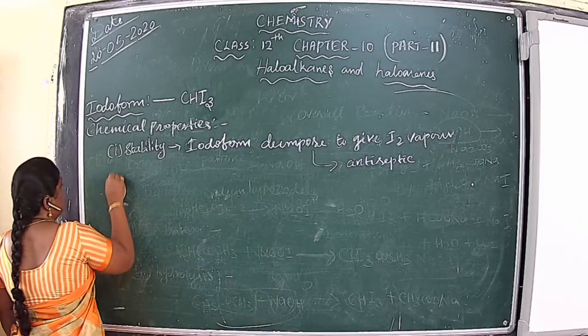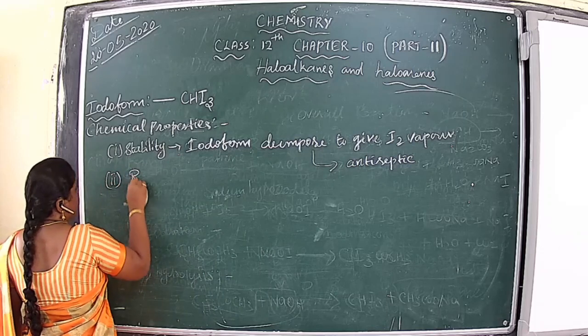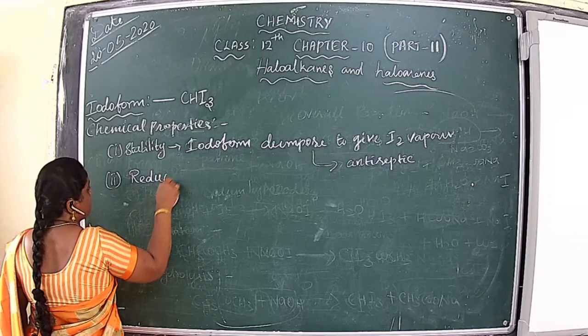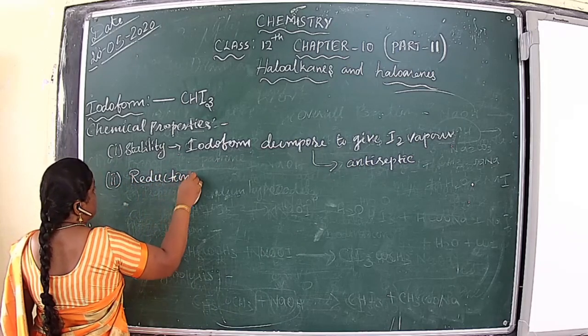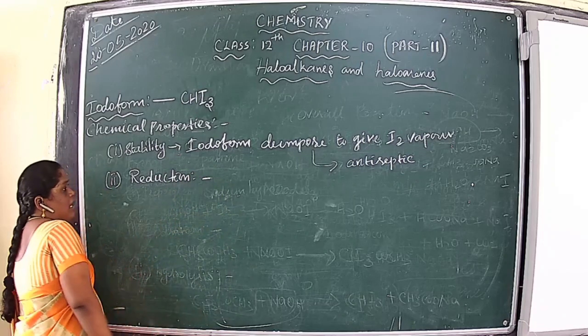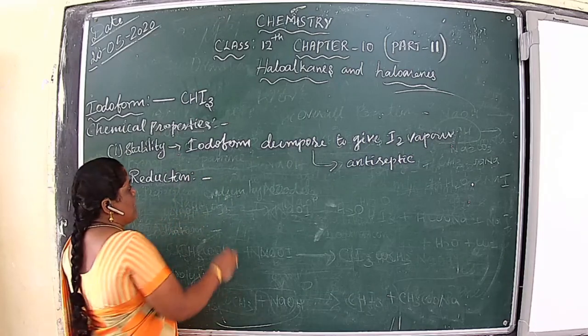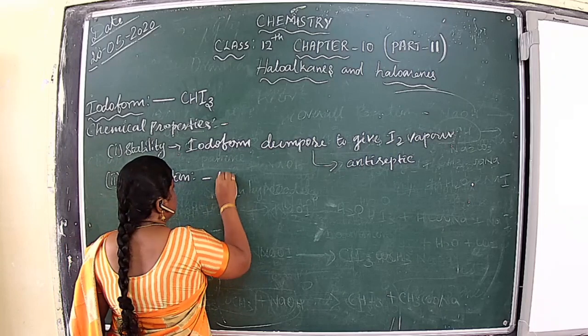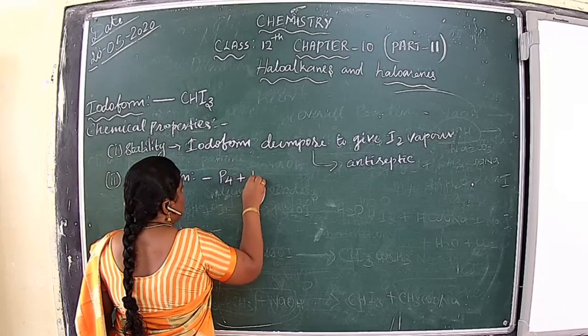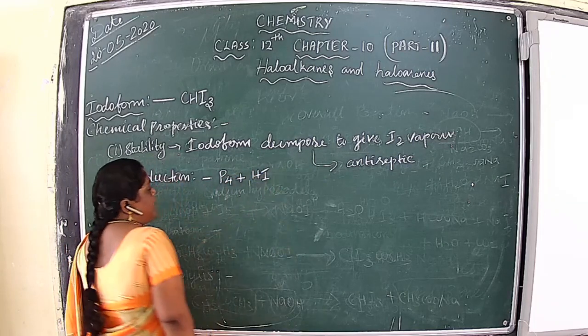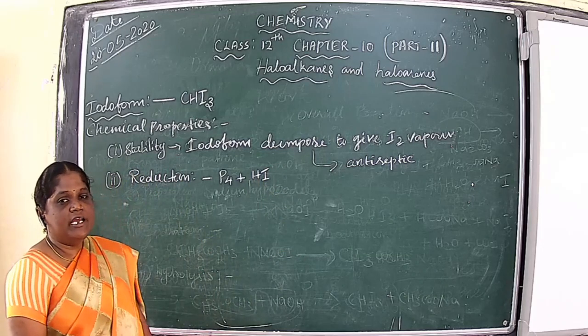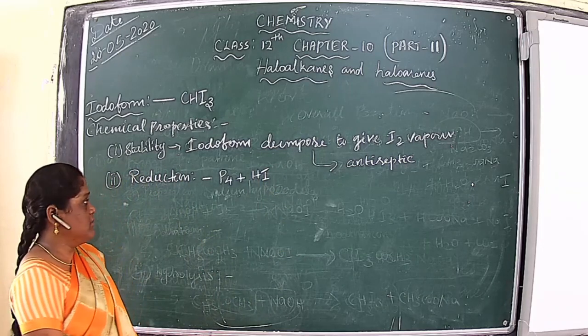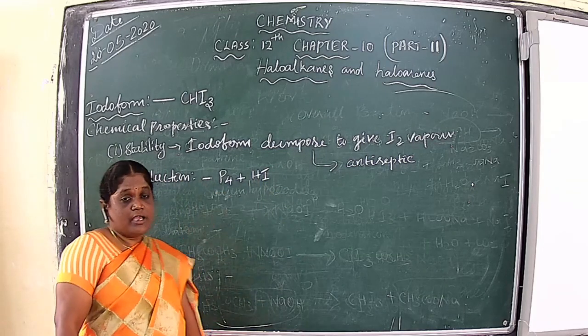Second one is reduction. Same, but here we are taking red phosphorus as the reducing agent. We can use red phosphorus plus hydroiodic acid. Red phosphorus and hydroiodic acid, this is the reducing agent.